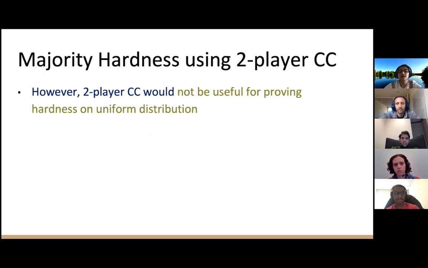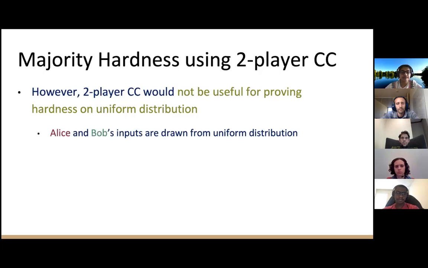But such techniques, that is, two-player communication complexity, would not be useful for proving hardness of majority on the uniform distribution. Before that, in this model, we again have Alice and Bob having n by 2 bit inputs, both drawn from the uniform distribution.